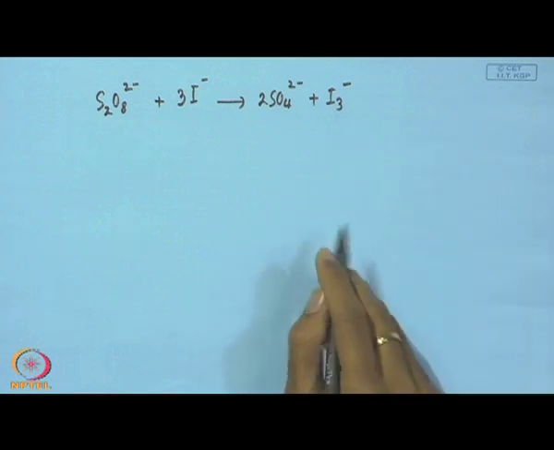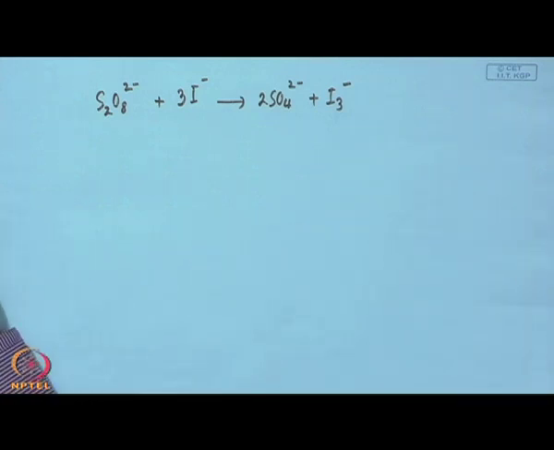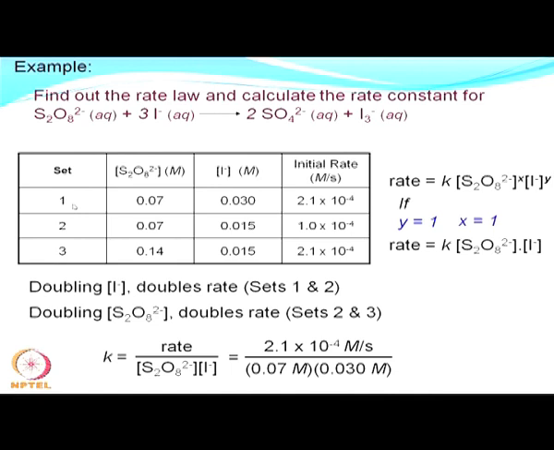So, if we look into your various sets, set 1 has persulfate 0.07 molar and iodide 0.03, and the initial rate is 2.1 into 10 to the power minus 4. For set 2 it is 0.07 for persulfate, 0.015 for iodide, and 1 into 10 to the power minus 4 for the initial rate.